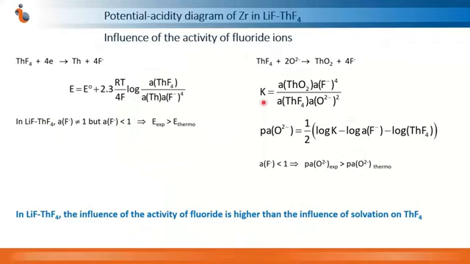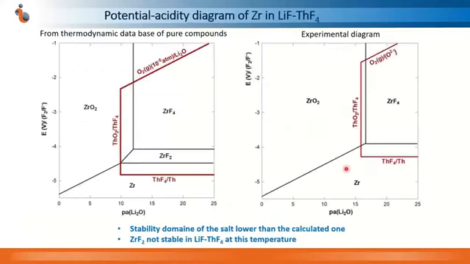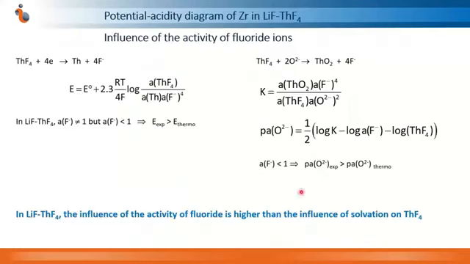When we write the constant K, we observe that it depends on the logarithm of the activity of fluoride ions. I have formatted the 4 here. And if the activity of fluoride is lower than 1, in this case, the limit will be shifted to the highest values of pO of lithium oxide.